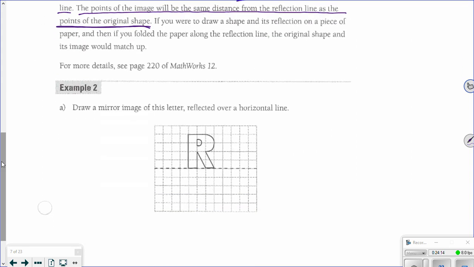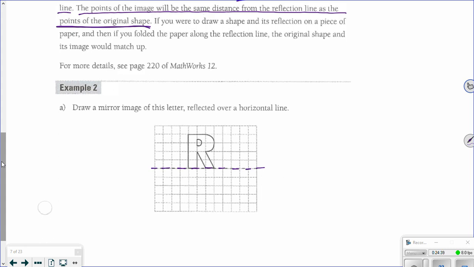Okay, so this one says, draw a mirror image of this letter reflected over a horizontal line. So the line we're reflecting over is this dotted line. Okay, this isn't going to end up as an R down here somehow. When you reflect something, that something flips over.